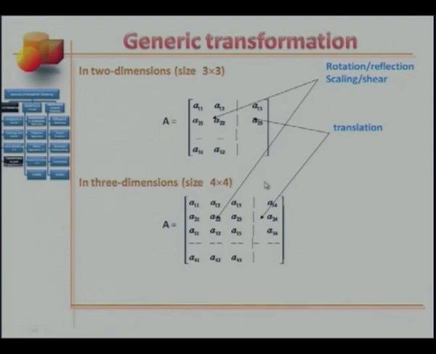The bottom left submatrix, which is of size 1 by 2, so we have 2 elements here, A31 and A32, and correspondingly in 3 dimensions, the bottom left matrix that has 3 elements. These submatrices represent perspective transformation. We will investigate perspective transformations in detail in the following lecture.